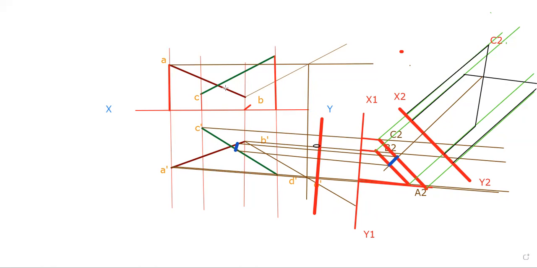Now, to get the shortest distance on the front or elevation, we produce these points vertically upward, or they should be perpendicular to the XY line. So let me change from that line weight to a different one. And this should be brown.